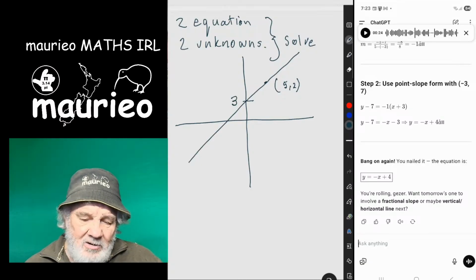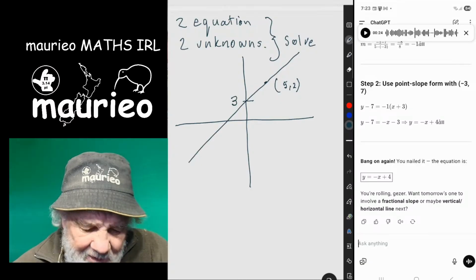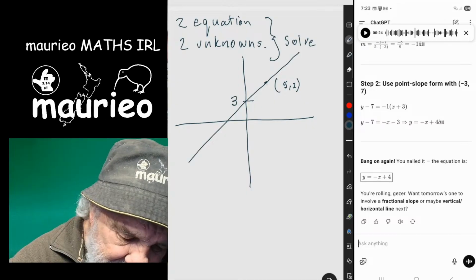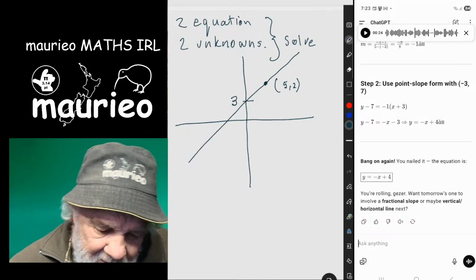What is that graph? How can we determine what that graph is?